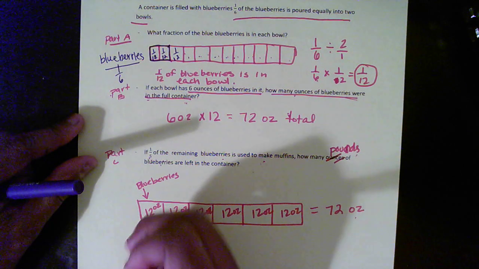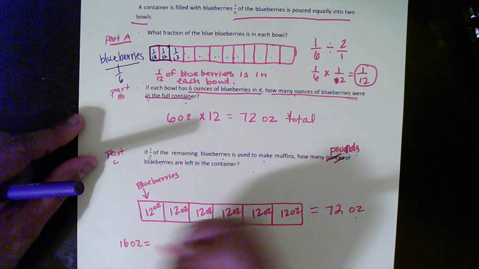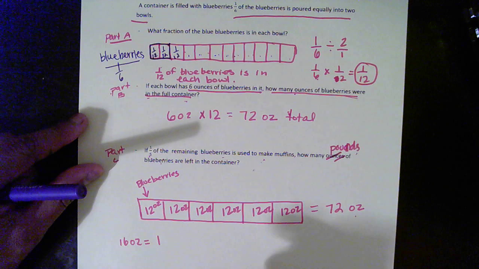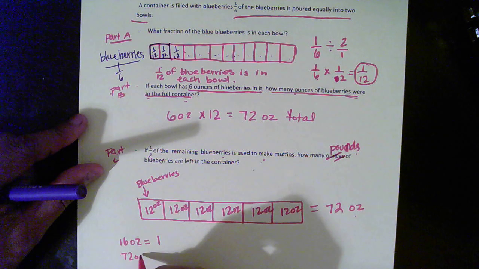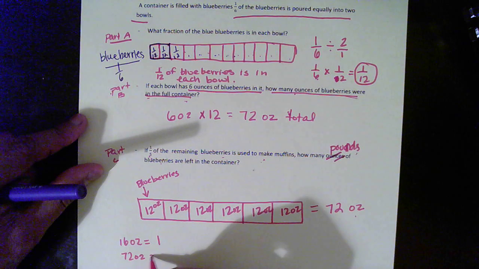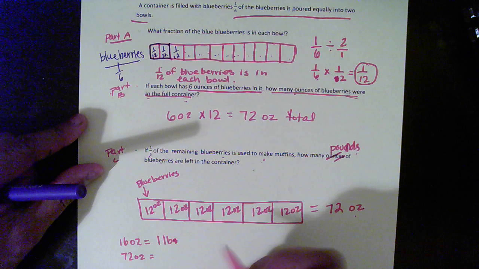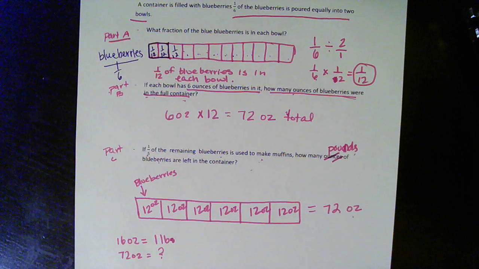Okay, so I know that 16 ounces equals 1 pound. How many pounds would 72 ounces equal?